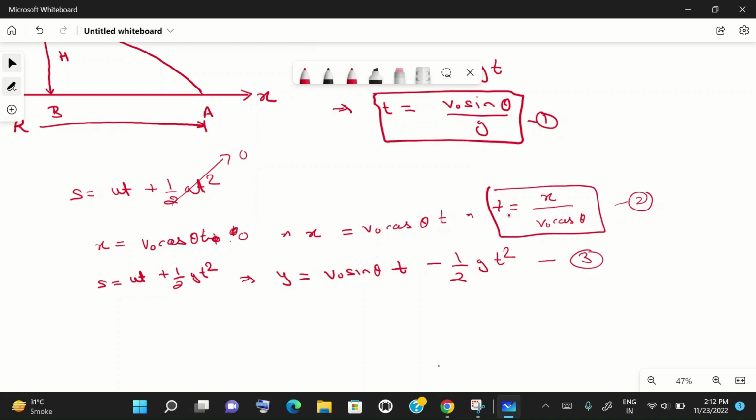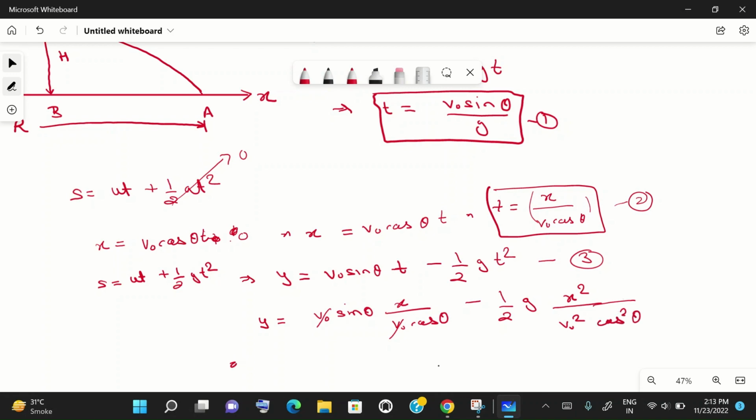In place of t in the third equation we can put x upon v naught cos theta. So y will become v naught sin theta into x upon v naught cos theta, where v naught cancels with v naught, minus half g into t square, and t square is x square upon v naught square cos square theta.